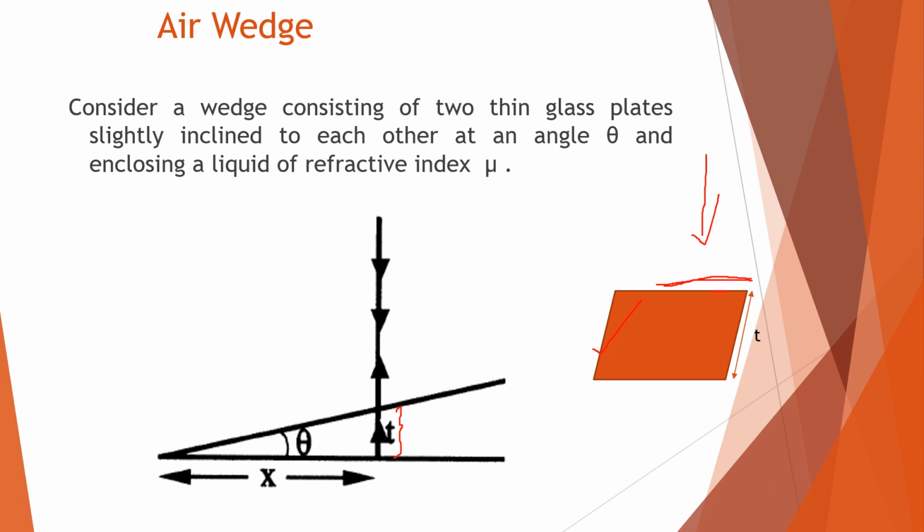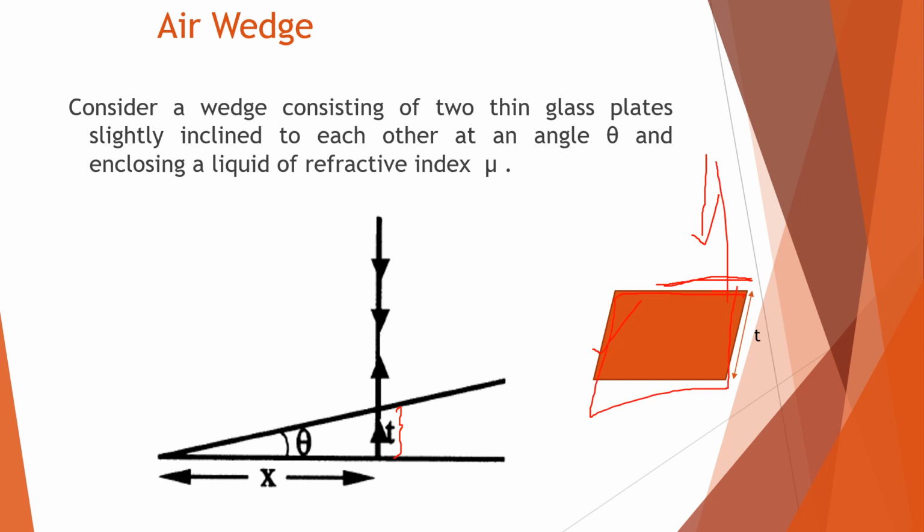In Newton's rings we are getting fringes in the shape of concentric rings, that is alternate dark and bright rings, whereas in air wedge you are getting alternate dark and bright bands, because here the air film is in a rectangular shape.